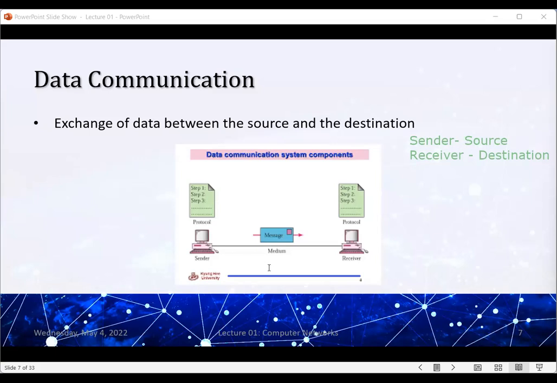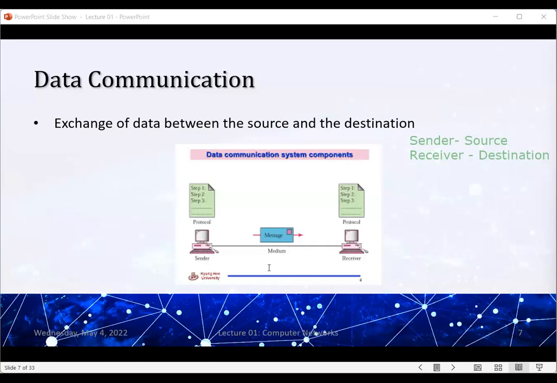Yes. Then what is the message? I'm sending an email. Yes, the email is the message. And what is the medium? Yes, it's the Wi-Fi connectivity.